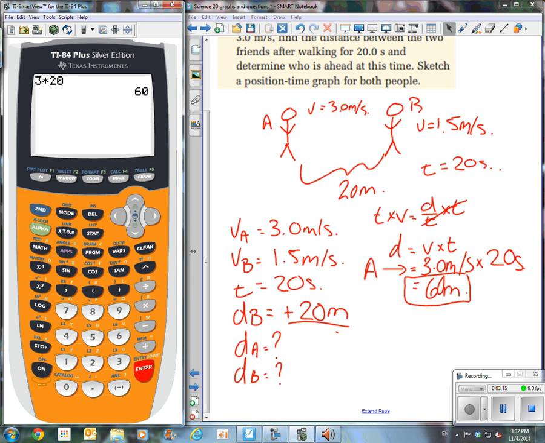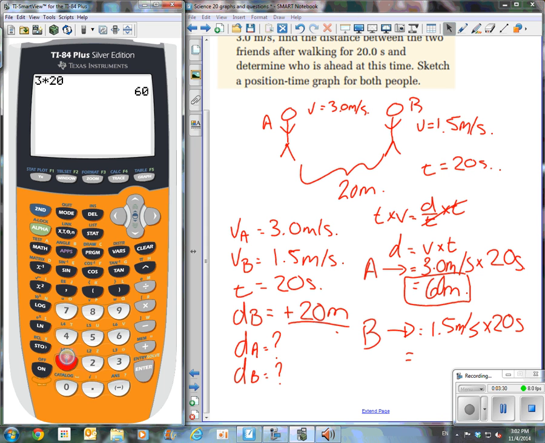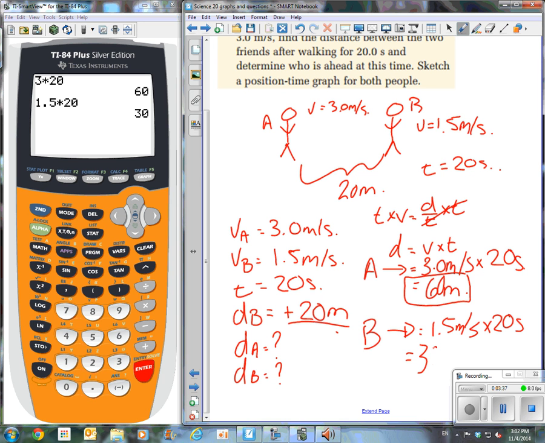Now, for B, the velocity of B is only 1.5 meters per second. We're going to multiply that by 20 seconds, and 1.5 times 20, we get 30 meters.